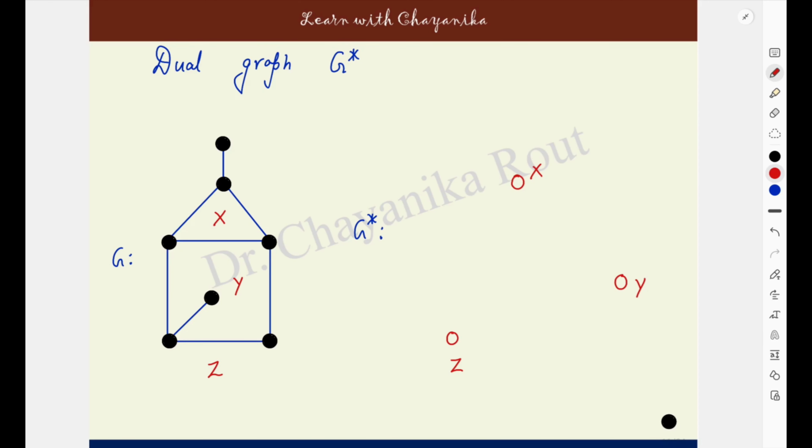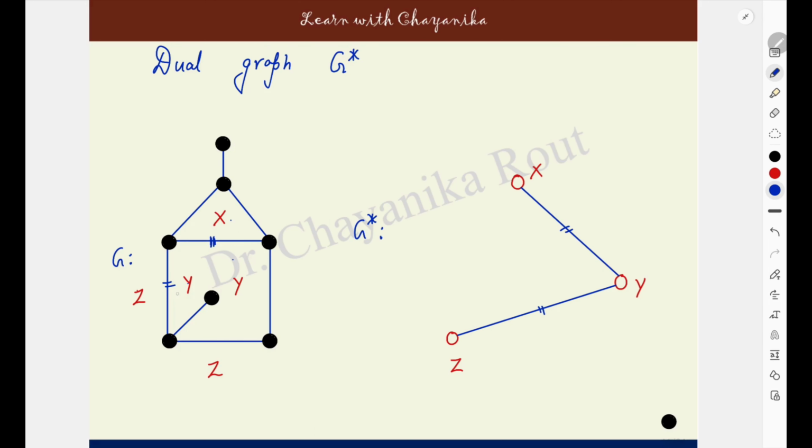Now corresponding to every edge in the graph you will have an edge in the dual graph. This is an edge having face X on one side, Y on the other side, so X and Y will be made adjacent. So this is the edge corresponding to this edge. Next, this edge has face Y on one side, and on this side it has face Z. So Y and Z will be made adjacent.